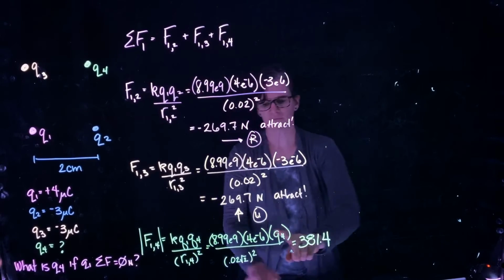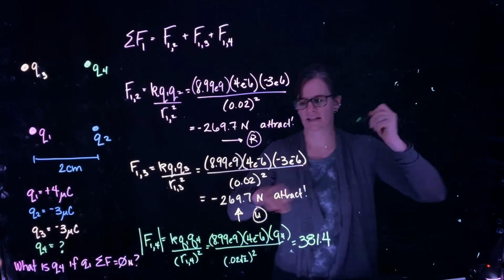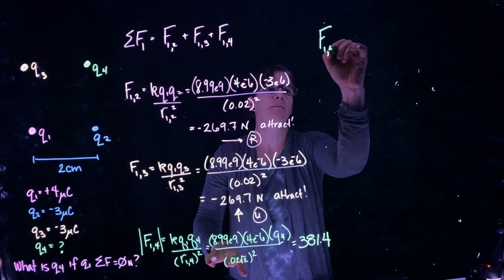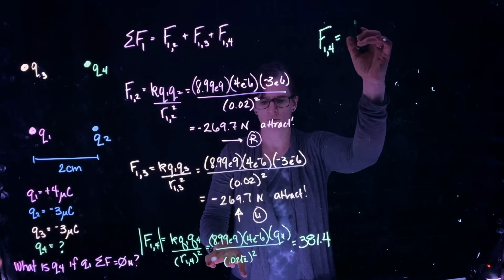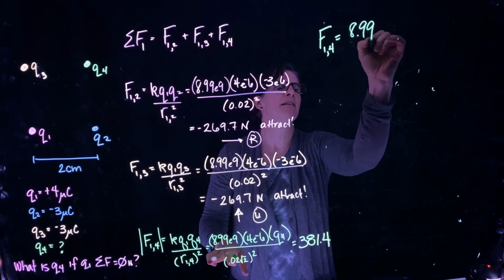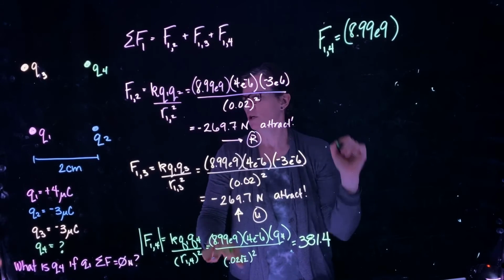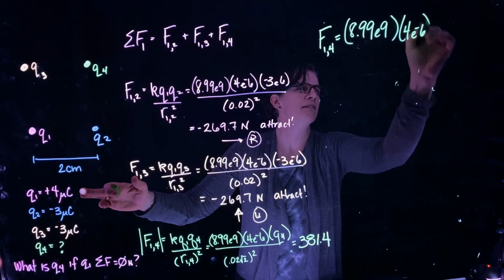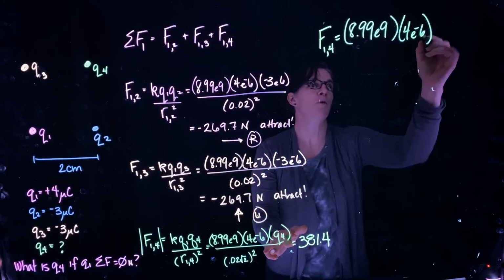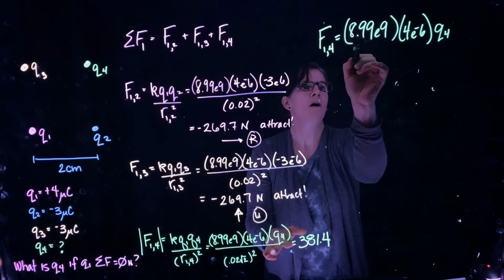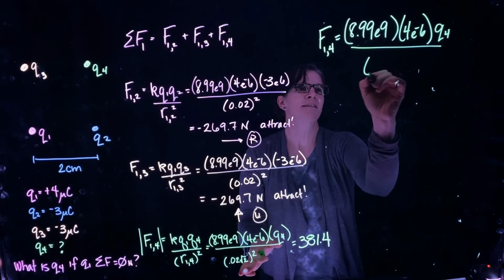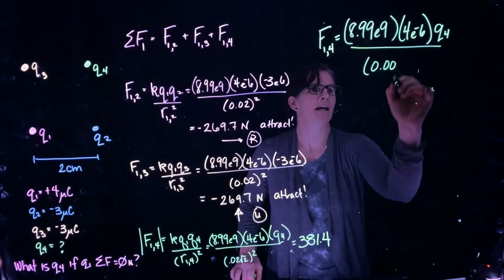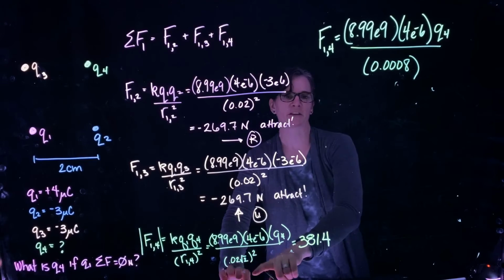Okay, so I'm just going to rewrite this in this area. We have the magnitude of force 4 on 1 by 4 is equal to 8.99 times 10 to the 9th, times Q1, which is 4 times 10 to the minus 6th, times Q4, which I do not know, all divided by 0.008, I think is our, if I calculate this out.